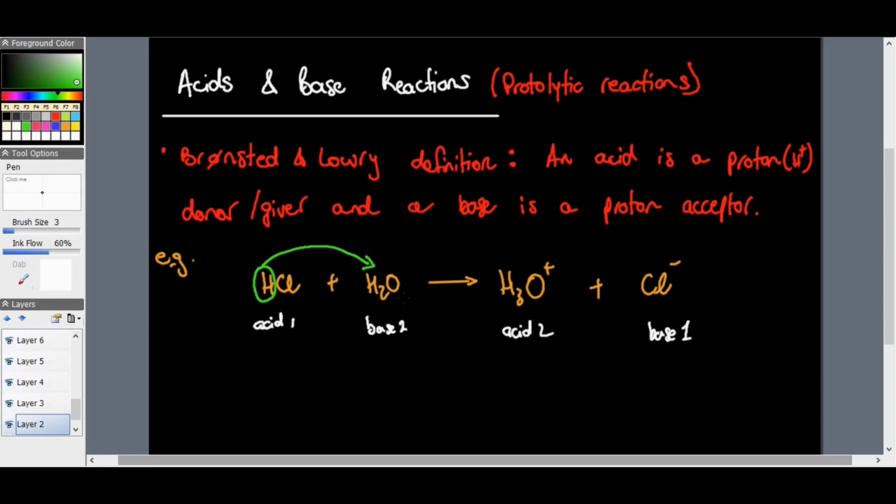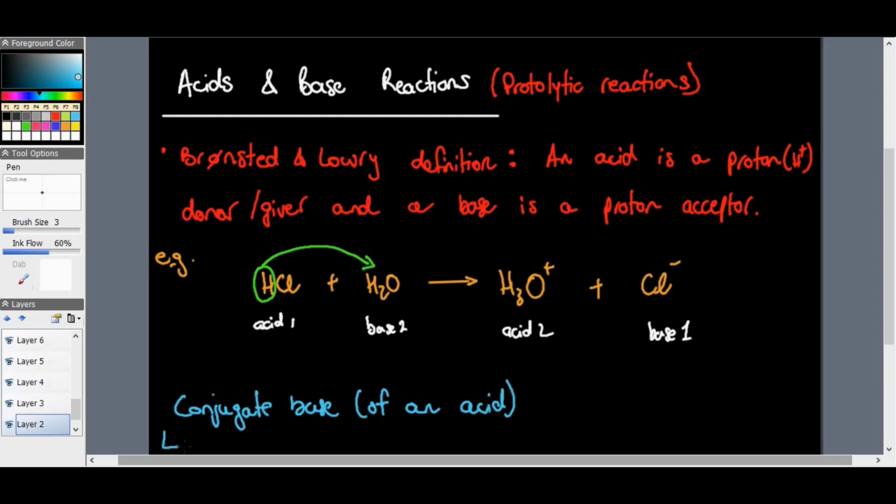So this going over here gives me acid 2. Now acid 2 is also known as the conjugate base. That's a term, the conjugate base of an acid. There's a definition for this.